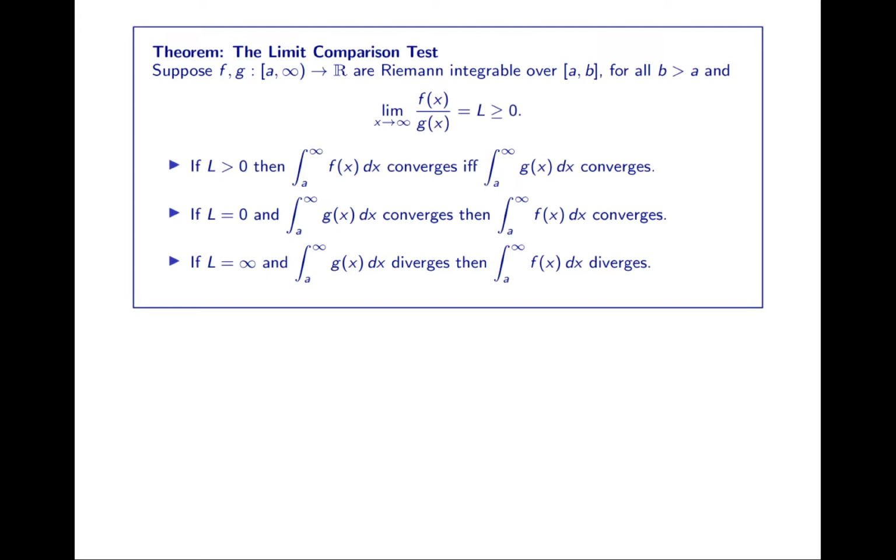And if L is infinity, then if g diverges integrated from a to infinity, so does the integral of f from a to infinity. So we have three different scenarios. So as before, we'll prove just the first bullet, and I'll leave the proof of the second two to the viewer.